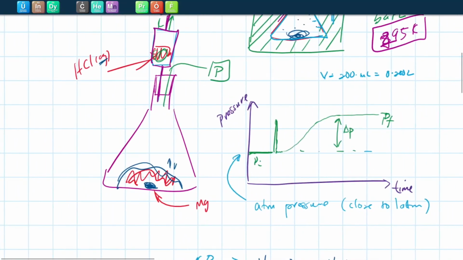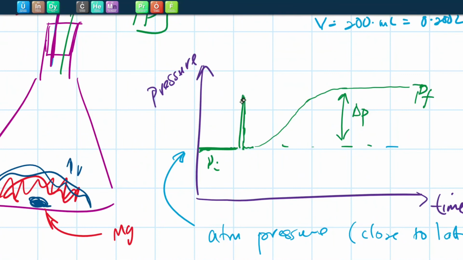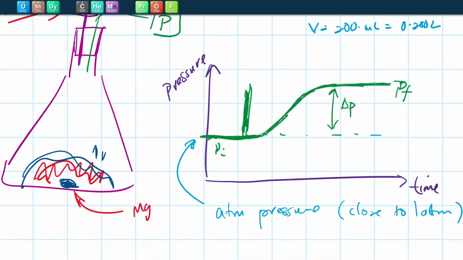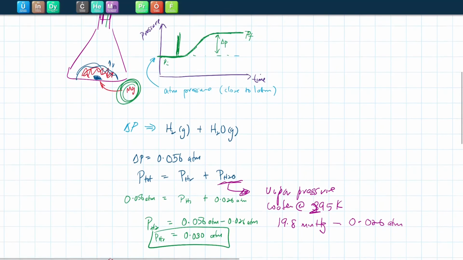With that, make sure you pull the syringe back so that your initial pressure starts at the point you expect it to start. You don't have the spike, and then you can keep track of the moles produced by just looking at the pressure change. When it's stabilized and all of the magnesium is used up, you know that the reaction is complete.